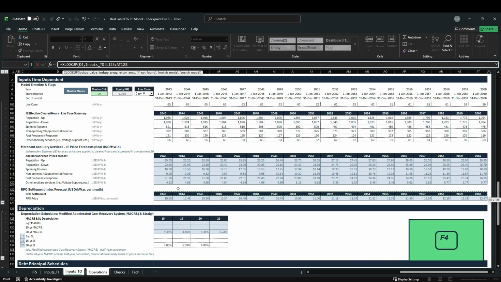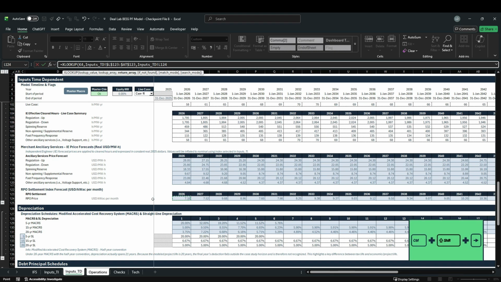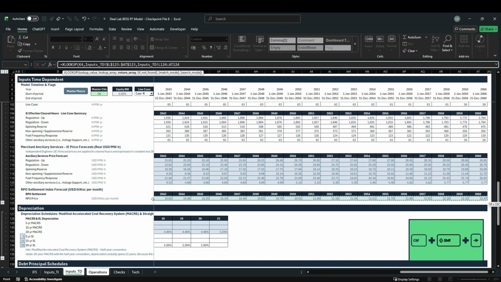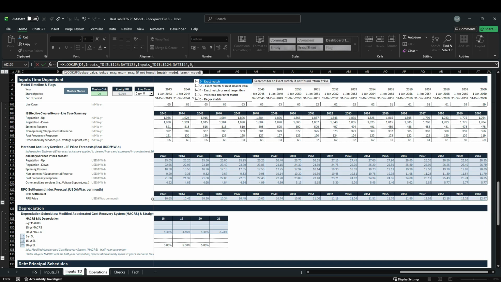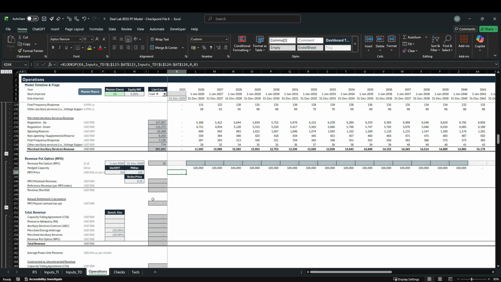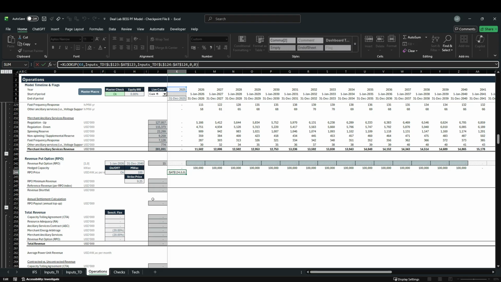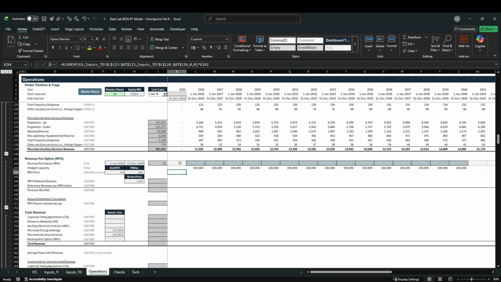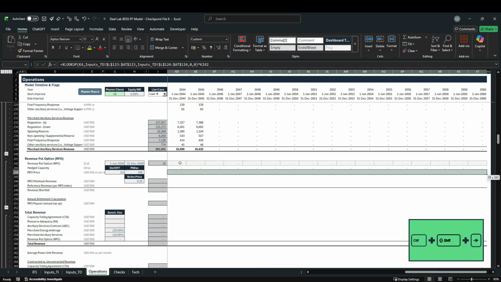Select all of these, hit F4, and comma, the reference vector is the vector right underneath. Make sure you pick it up from column L to AT. Hit F4 again, comma 0 if not found, and exact match 0. Hit enter. And now let's hit F2 and actually multiply this also with our flag up here and hit enter. Drag this one over, Control R.